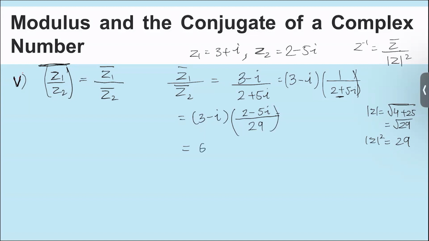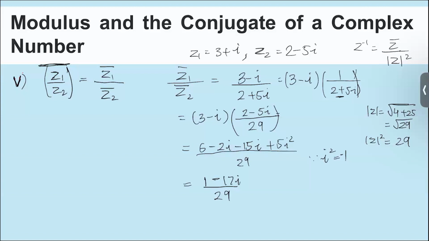So that is 6 minus 2i minus 15i, and then you have plus 5i squared upon 29. So since we know i squared is equal to minus 1, so plus over here becomes minus. So that is 1, and you have minus 17i upon 29.